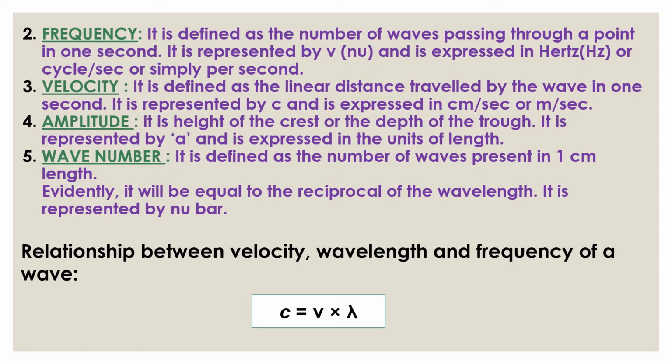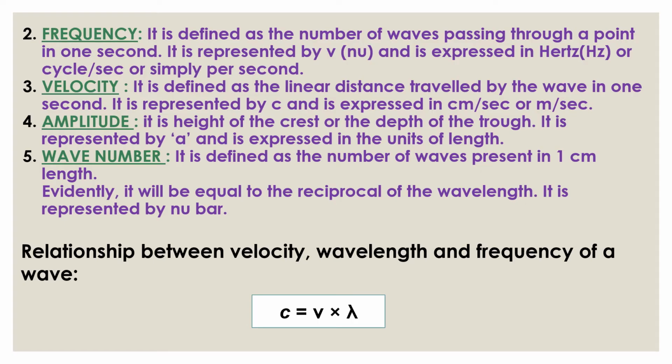Wave number is defined as the number of waves present in 1 centimeter length, or it is equal to the reciprocal of wavelength. It is also represented by nu bar, which we can write as 1 upon wavelength. It is expressed in units of per centimeter or per meter. So this is all about the characteristics of a wave.